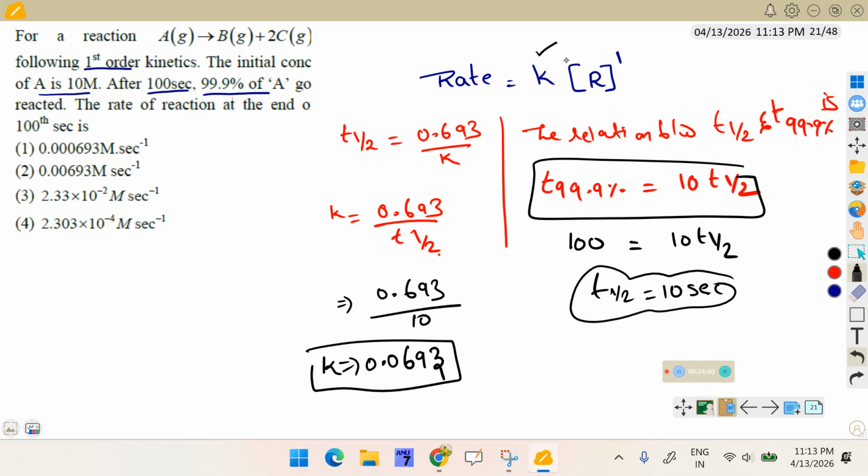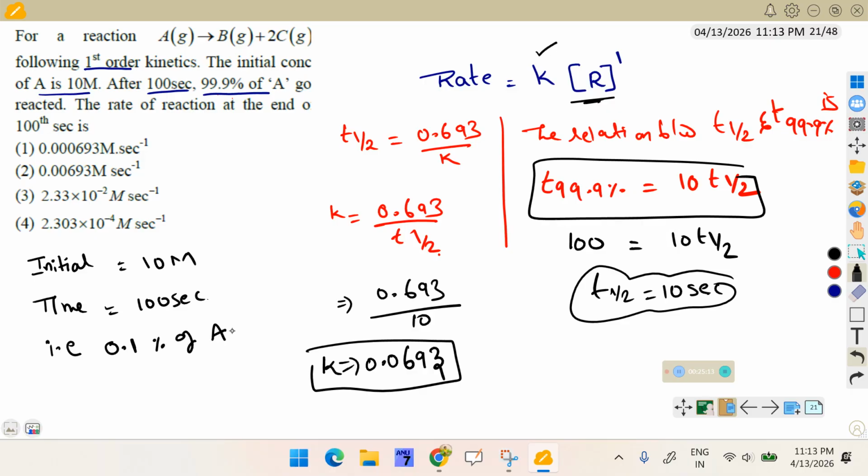Now calculate the value of rate also. What is given? Initial concentration is given as 10 molar. Time is given, 100 seconds. How much amount is reacted? 99.9% is reacted, which means 0.1% of A remains.